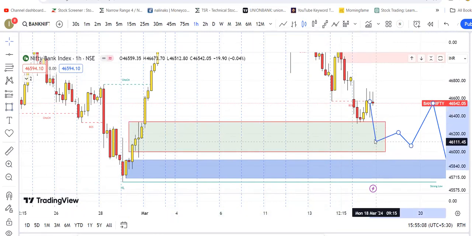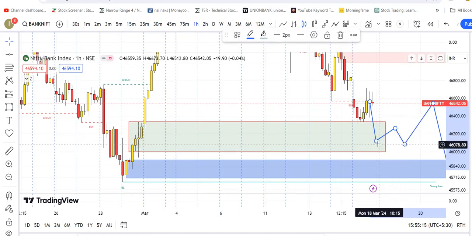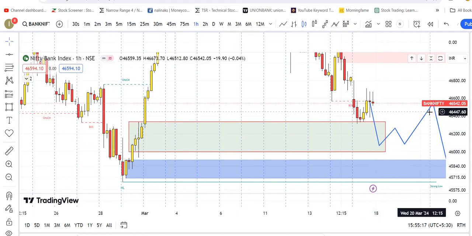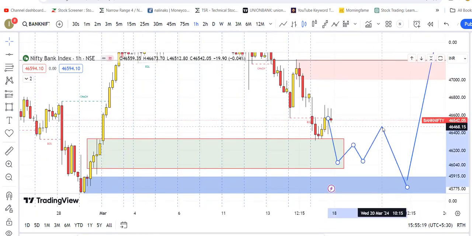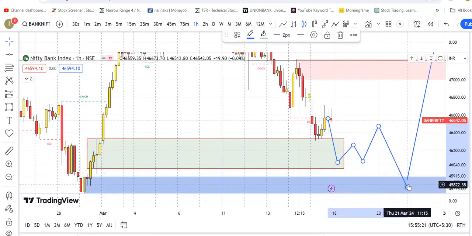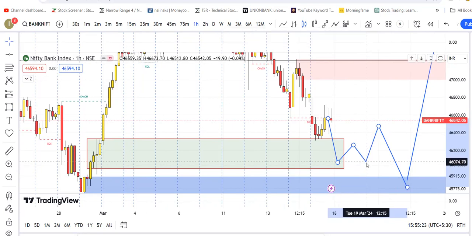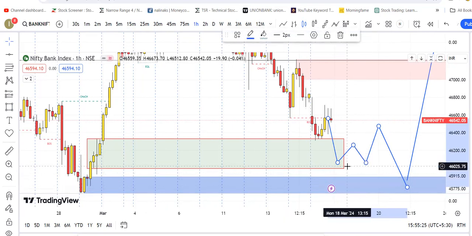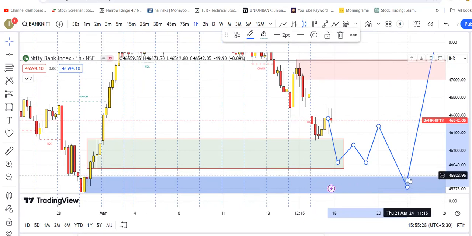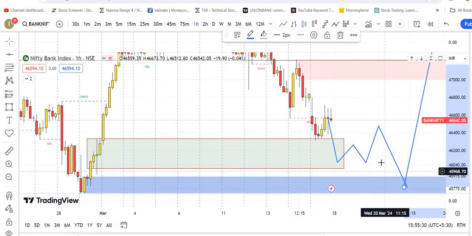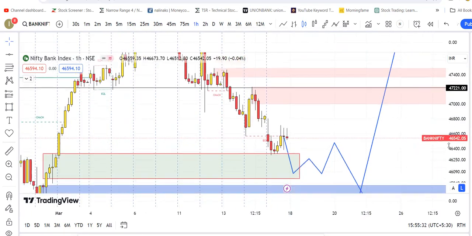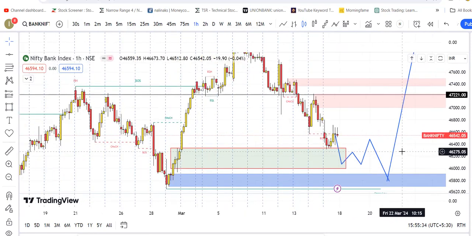Probably the market can stop around this area. If it makes this equal low setup and sweeps the liquidity, and the setup is formed just above this level, I'll wait for the liquidity sweep, and then I'll go long in Bank Nifty.